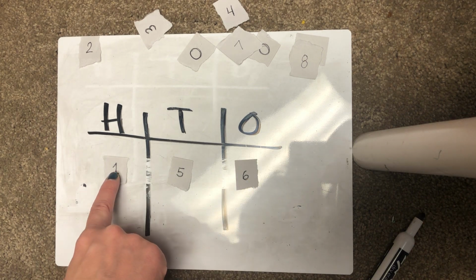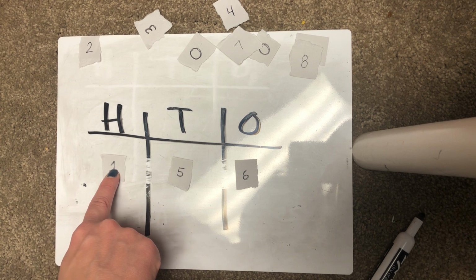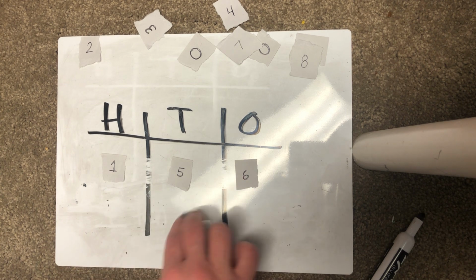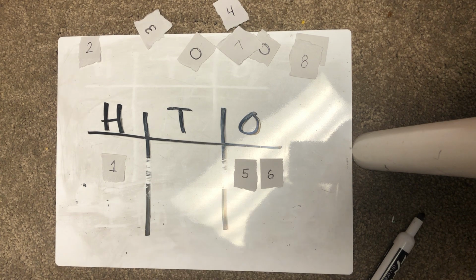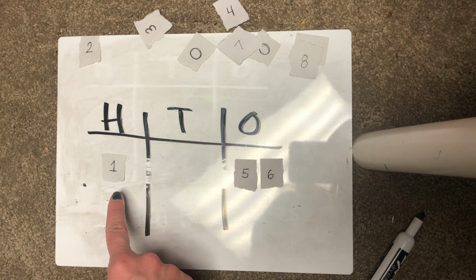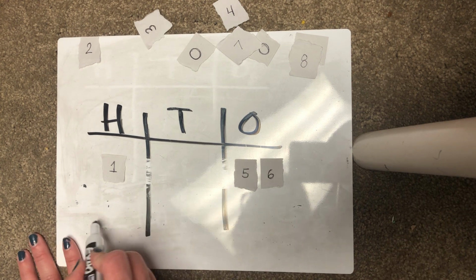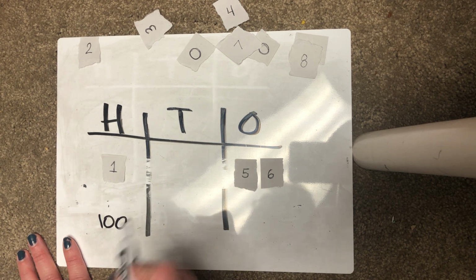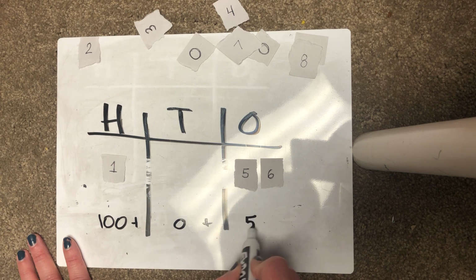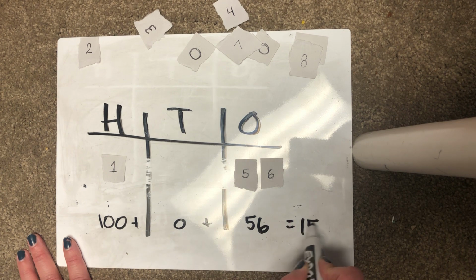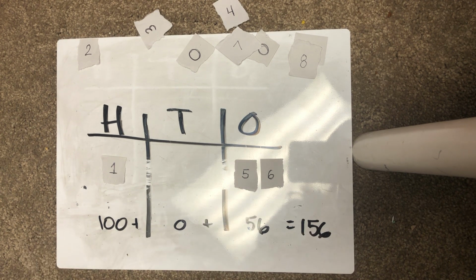We keep the hundreds, but we don't want to include the tens, so we just shift that tens over into the ones. So we would have 100, plus 0 tens, plus 56 ones, which is still going to give us 156.